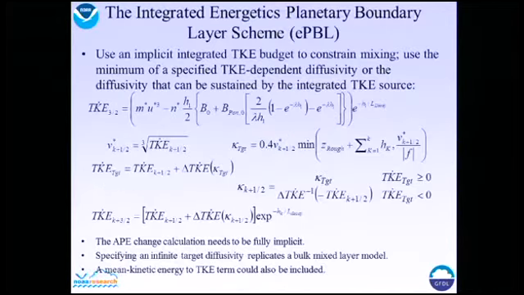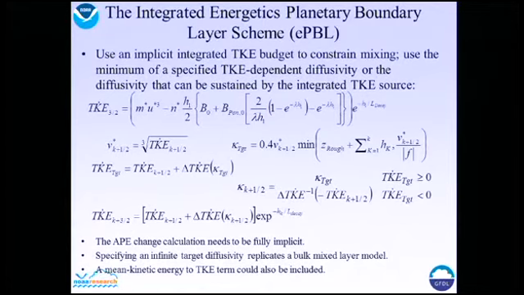Okay? So the idea is you start off with the turbulent kinetic energy at the surface. And you move down with some first guess at what the diffusivity is going to be, based on the strength of the turbulence coming into that level and maybe the distance from the surface. The exact form of this doesn't really matter.